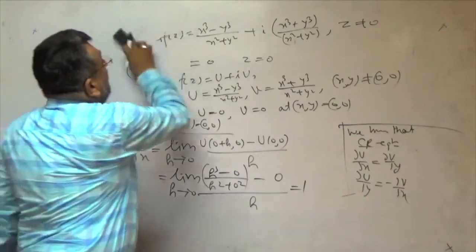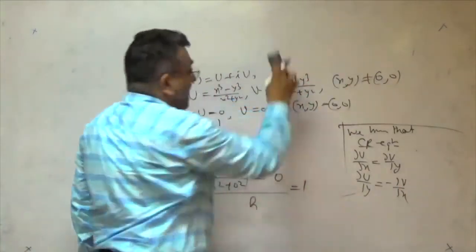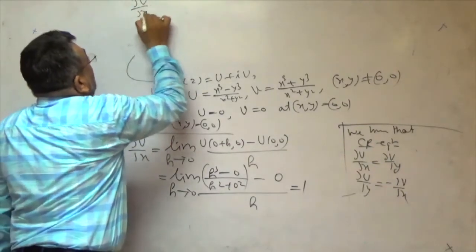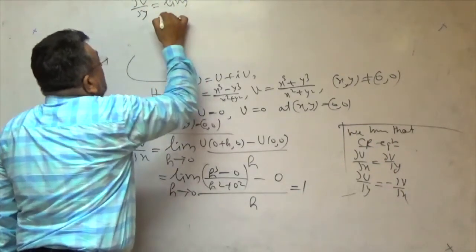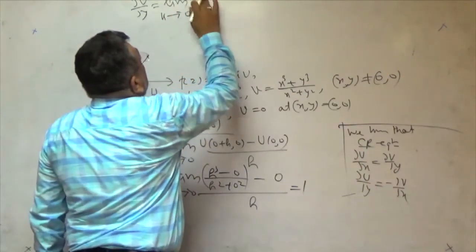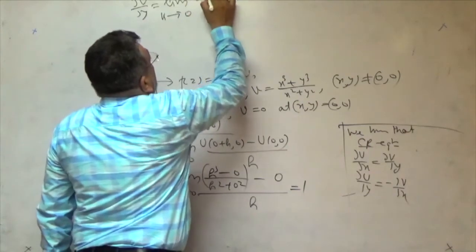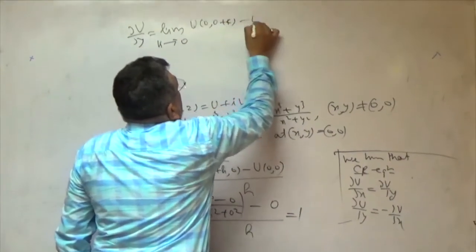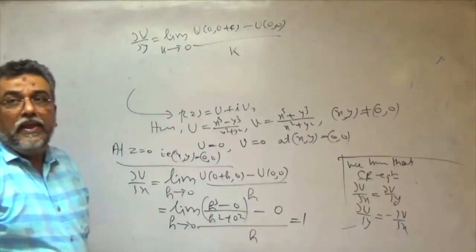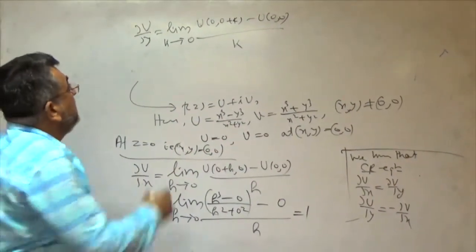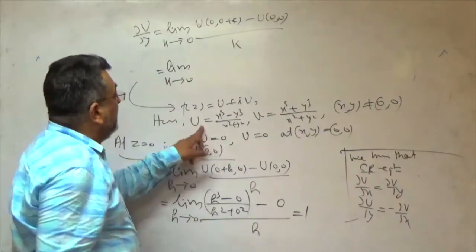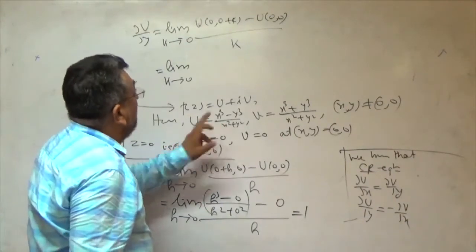Similarly, we calculate del u by del y at 0, 0. The formula is del u by del y is the limit, taking another constant k tending to 0, of u(0, 0 plus k) minus u(0, 0) upon k. Now again, calculate the value of u at x equal to 0 and y equal to k.